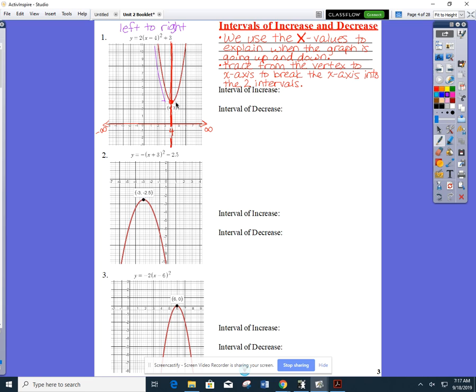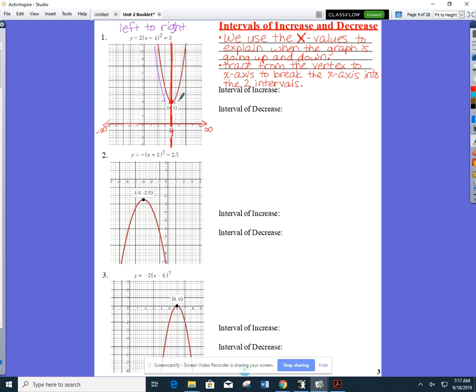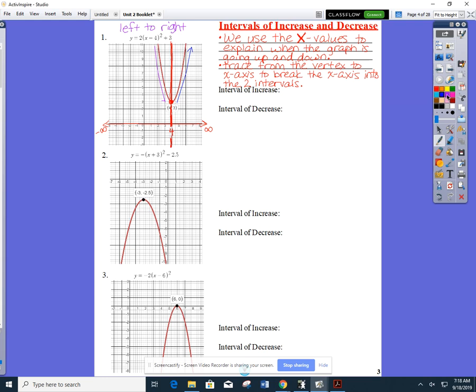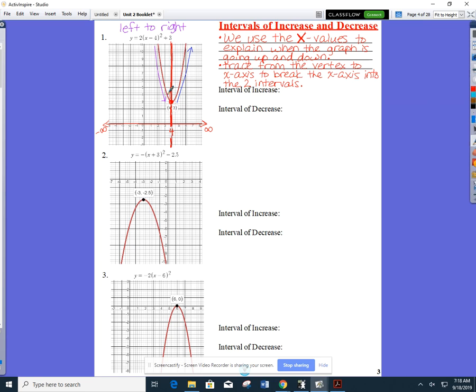On the right side, once you hit your vertex and you pass over to the right side, you then would be moving upward. So that would be the interval showing where the y values are going back up. Okay, my pen is acting a little funny, so I don't know if I'm going to be able to write this right now, but I'm going to basically just circle the values on the x-axis that go with the decrease.